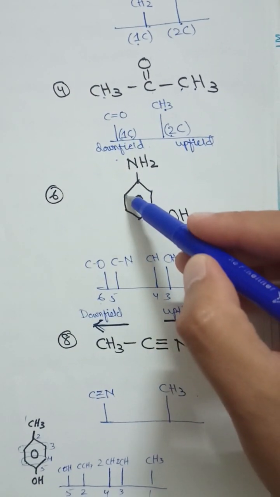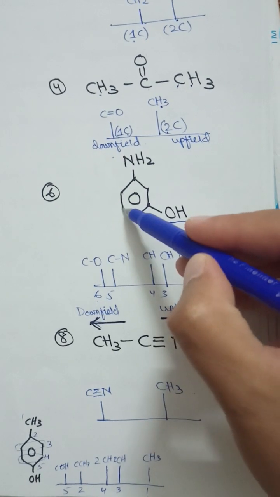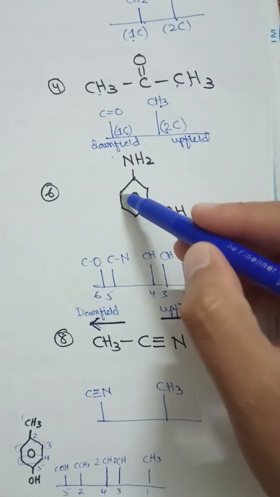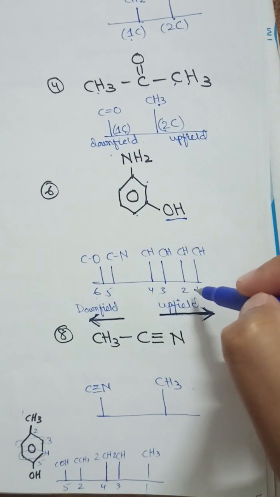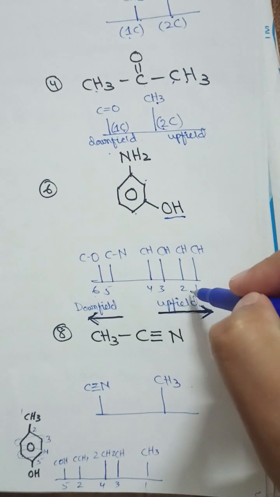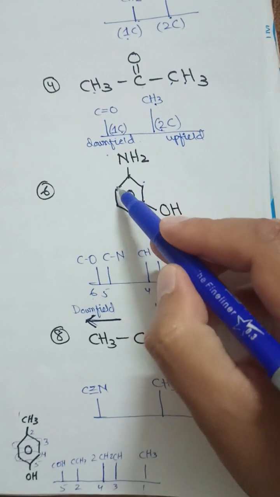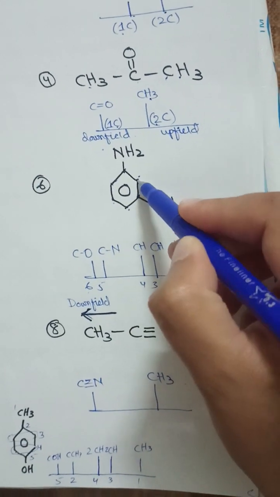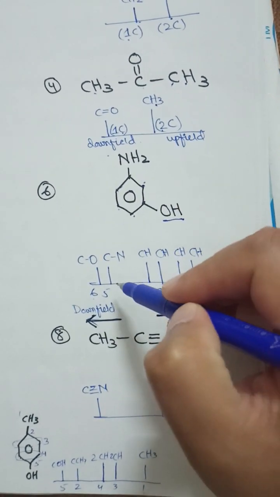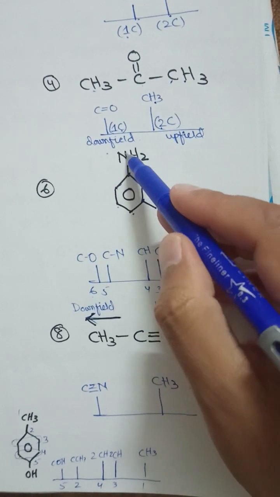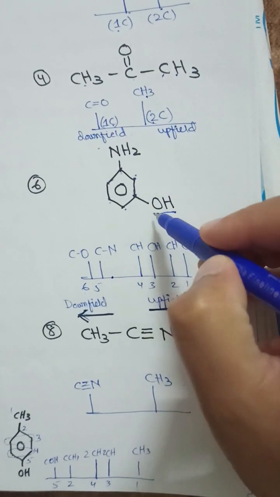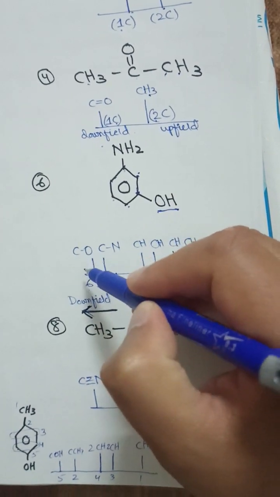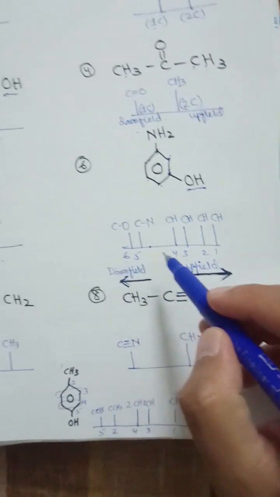All these are aromatic CH, 1, 2, 3 and 4. Then we will get the carbon attached with nitrogen at number 5, and the carbon attached with oxygen at number 6, which is towards the downfield.